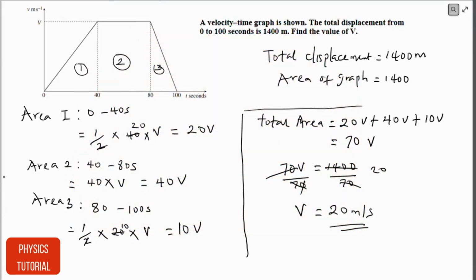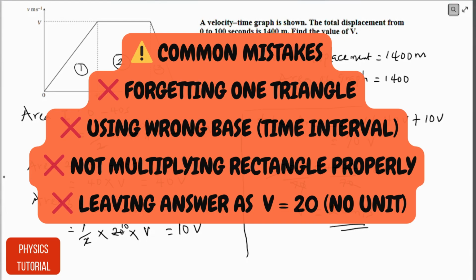The common mistakes most students make is forgetting one triangle or using the wrong base and not multiplying rectangles properly. And lastly, most students leave answers as V equal to 20 without units. You have to remember that the unit is very, very important.